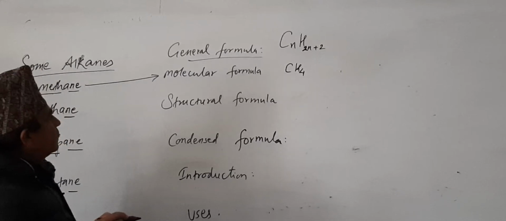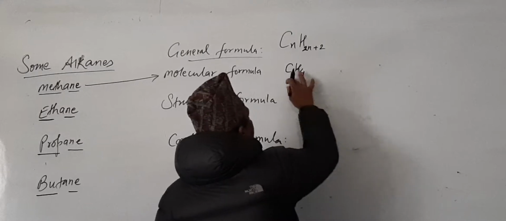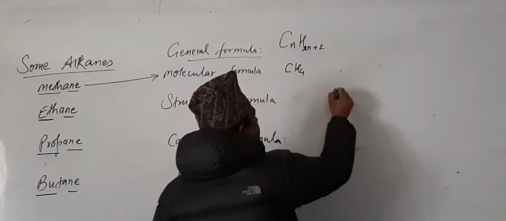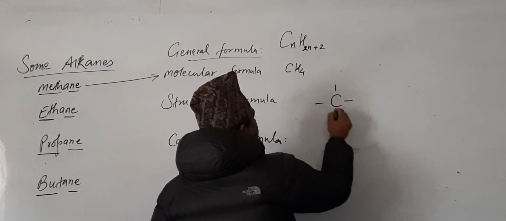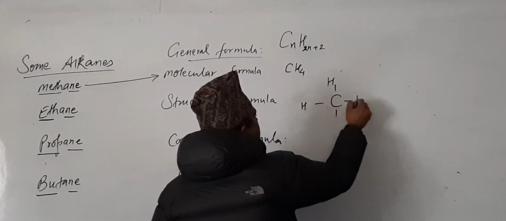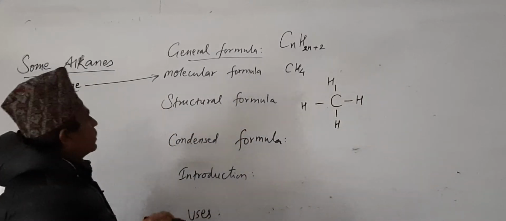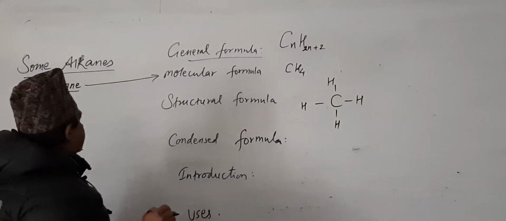One carbon, 4 hydrogens. Structural formula: one carbon lies at the center, and here are hydrogen, hydrogen, hydrogen, hydrogen. This is the structural formula of methane.